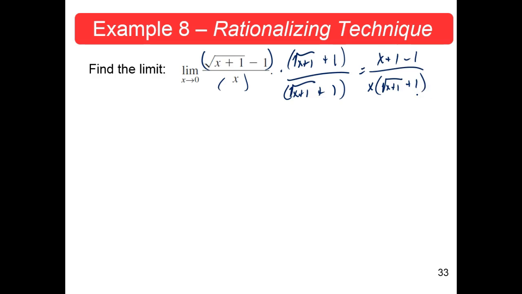Now, what's that numerator become? The numerator is just x, isn't it? Because plus 1 minus 1 is 0. And the denominator is just this. So that's going to be x times the square root of x plus 1 plus 1.